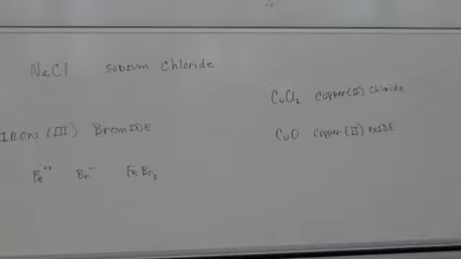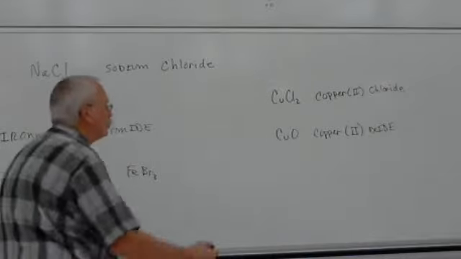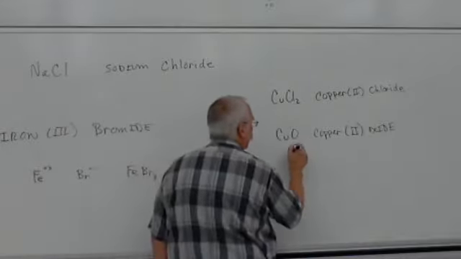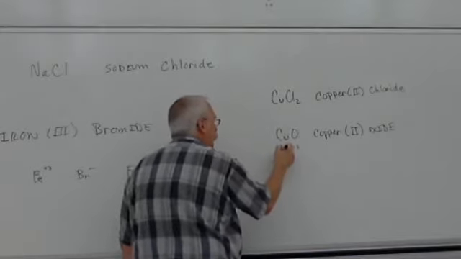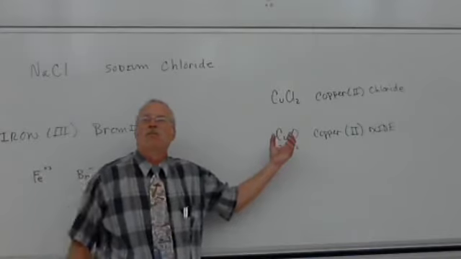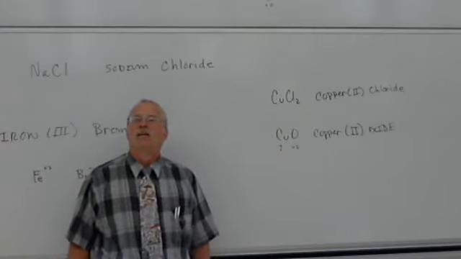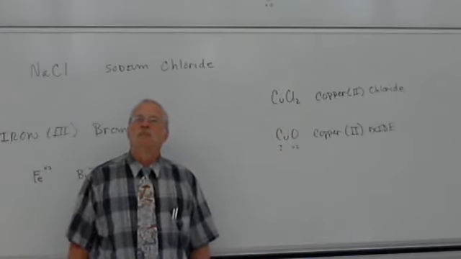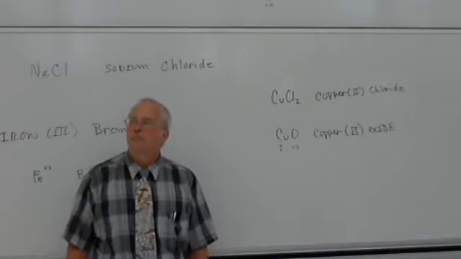It has to gain 2 electrons. That means the oxygen is going to be -2. So what must the copper be if, when put together, these things total 0? Must be a +2.